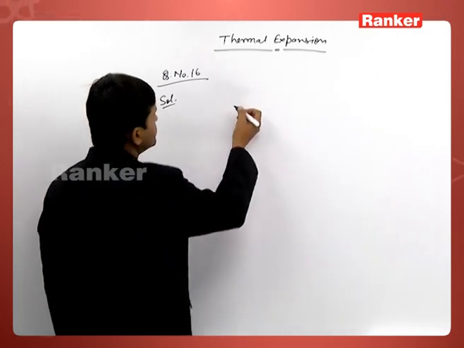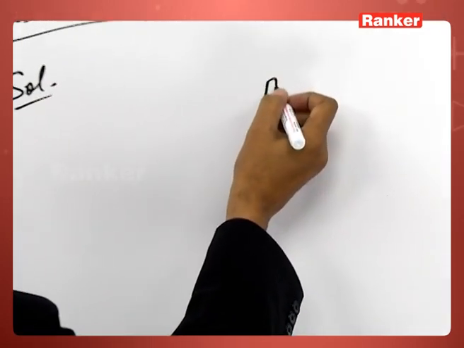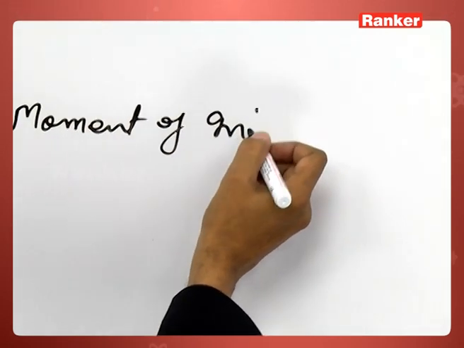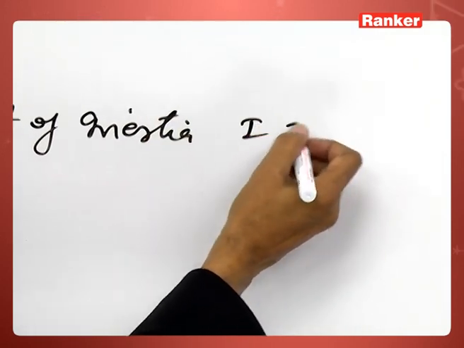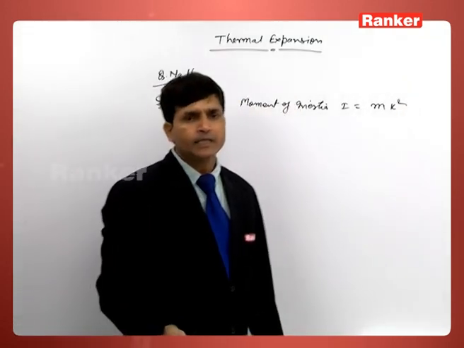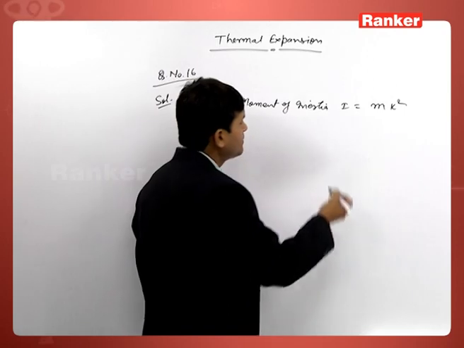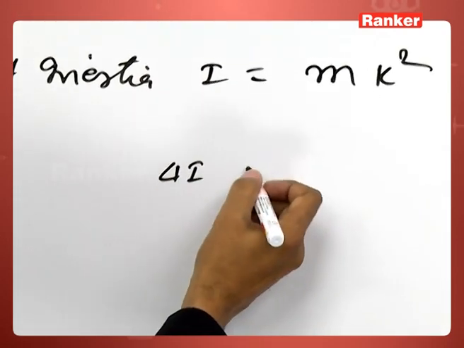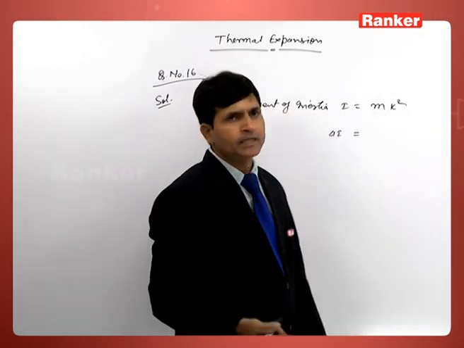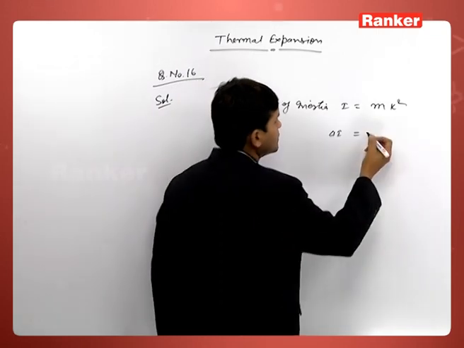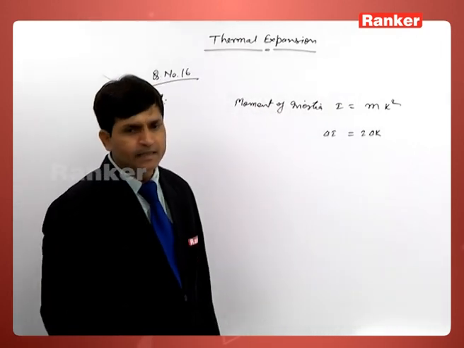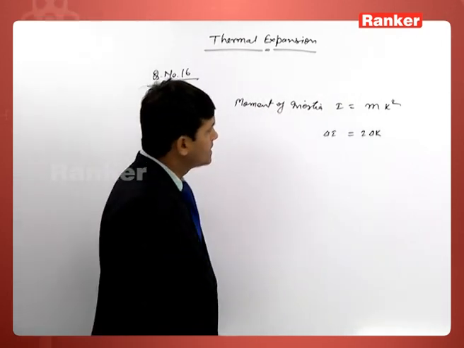As we know, the moment of inertia for any object can be written as M K square, where K is the radius of gyration. If there is any change in I due to temperature, delta I is nothing but the change in K, because M never changes on heating. So it is 2 times the change in the radius of gyration, and the radius of gyration is just like a radius here.